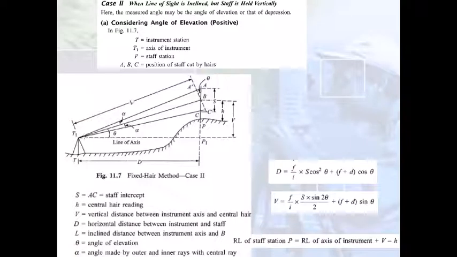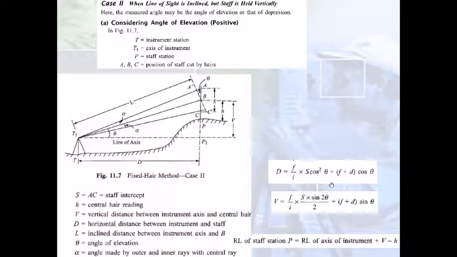And now we have the three line of sights, the middle hair reading, which is over here, the upper hair reading, which would be over here, and the lower hair reading, which would be over here. Now, what we need to calculate is the distance and also the reduced level of this point, and also this vertical distance V, which is the distance between the horizontal line of sight and when it is elevated, the new middle hair reading. So that distance is given by V.